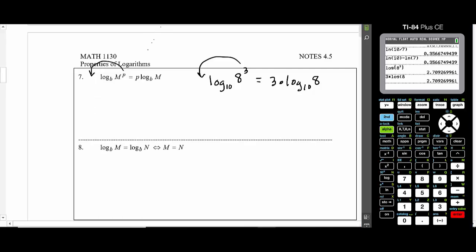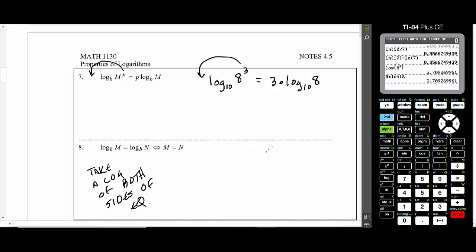This one is basically saying that you can take a log of both sides of an equation. That's something you're kind of familiar with anyway, since you're used to doing the same operation to both sides of an equation. Well, you can do a log of both sides of an equation, or you can remove the logs from both sides.